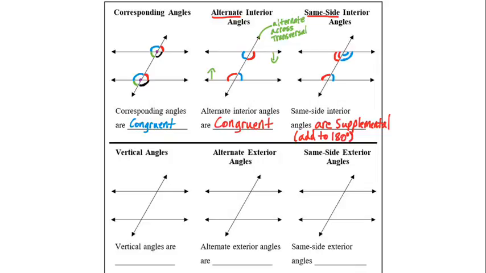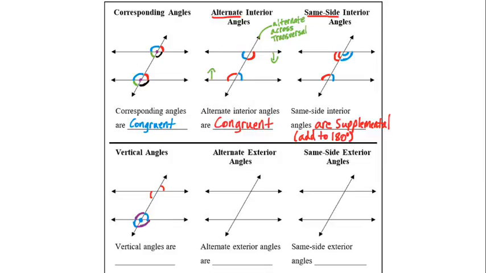So now we come to vertical angles, and vertical angles, we need to remember, they are those angles which are directly across a vertex from each other. So they have to be on the same vertex. So for instance, this is a pair of vertical angles. This is a pair of vertical angles. We also have our purple angles here, which are vertical angles.